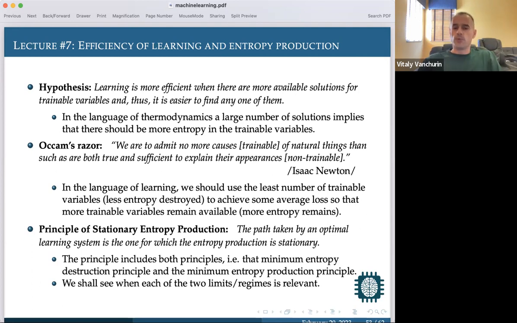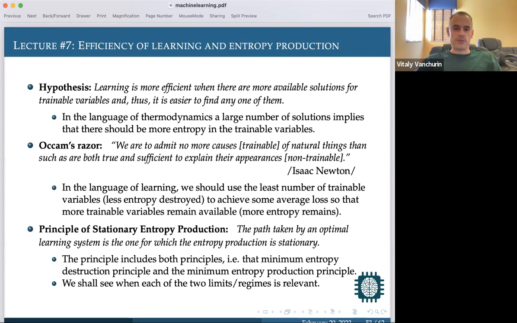Now, the statement is that the path taken by an optimal learning system, in this case optimal meaning having the best possible architecture, is the one for which entropy destruction is stationary.